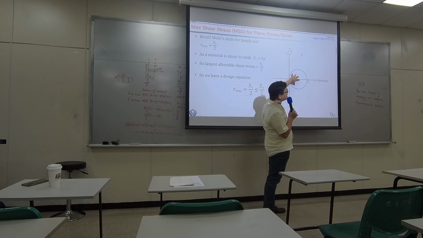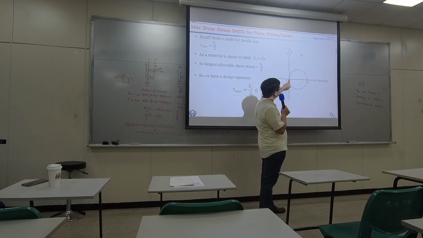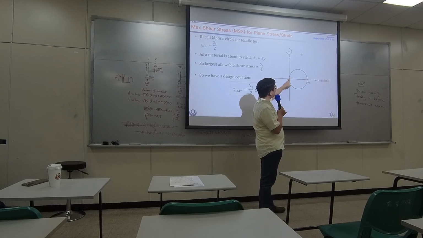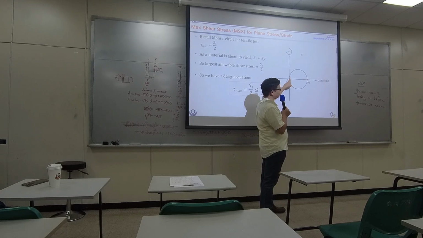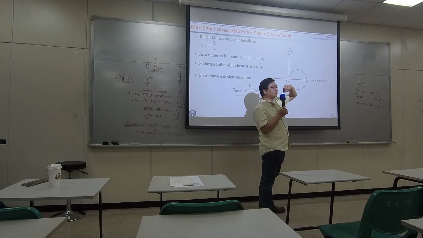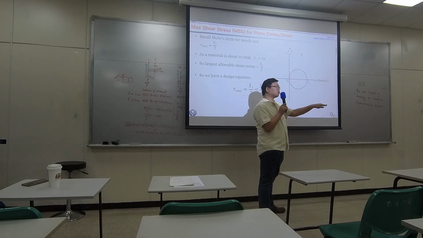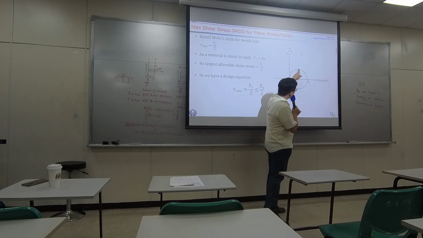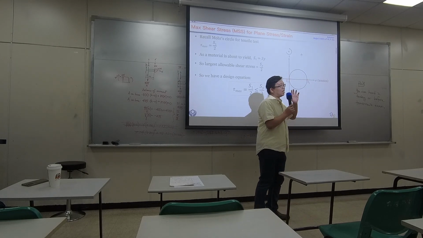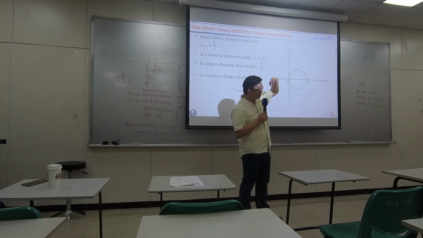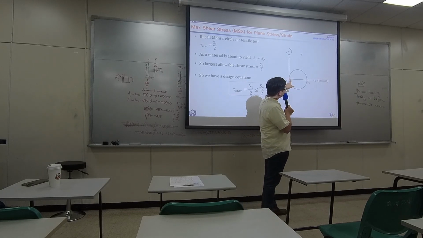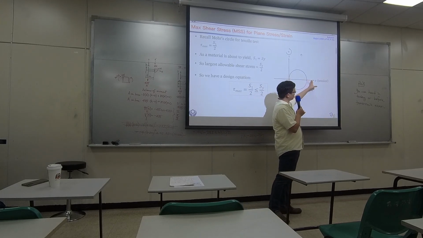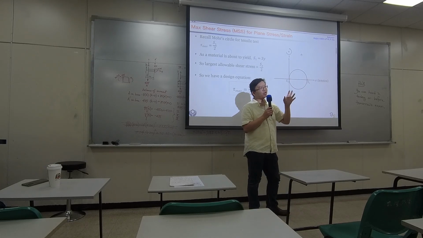However, my second principal stress is always lying on the origin because I only apply stress along one direction. There's no stress along the second direction. That's why my Mohr circle always looks like this.